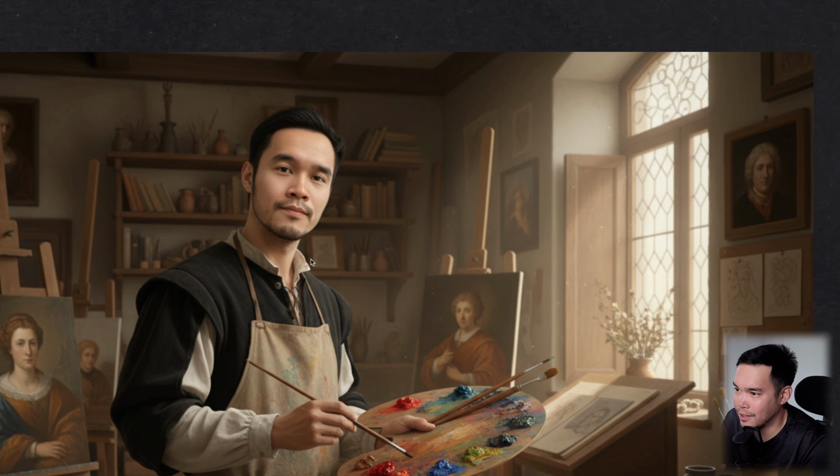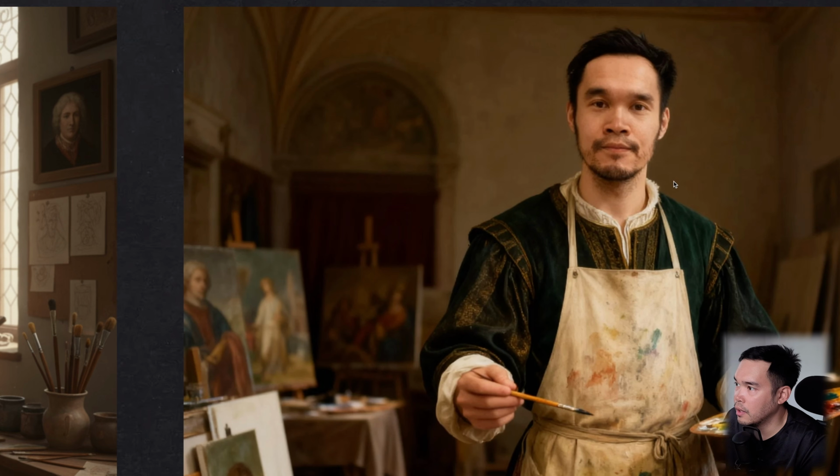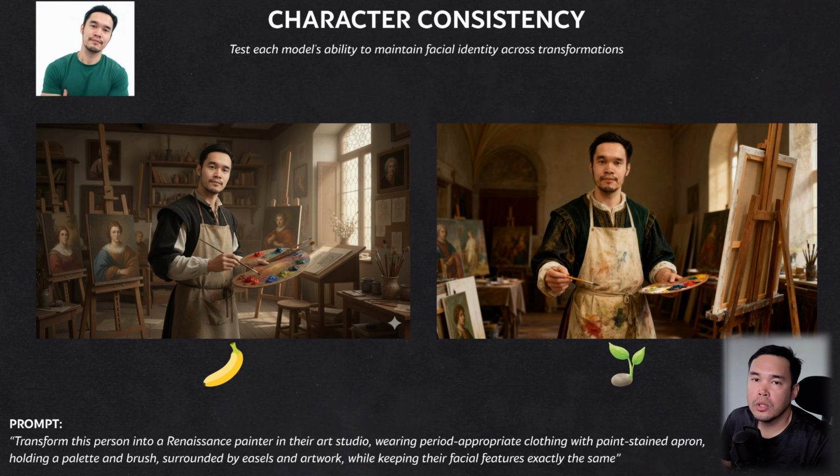You be the judge. And for Seedream, it gave me this. For some reason, the quality here is a bit more distorted, but it kind of looks more like a painting actually. But for this test, we're testing identity preservation anyway. So yeah, this still does look like me. What I noticed here is that Nano Banana is better at maintaining the style of the image you provided.